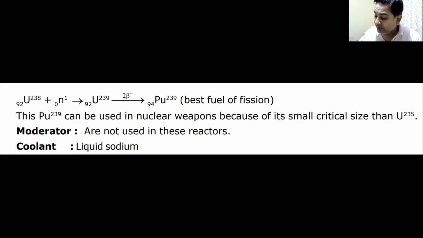Uranium U-238 converts into 239, and uranium 239 by 2 negative beta emissions gets converted into plutonium, which is the best fuel for nuclear reaction.